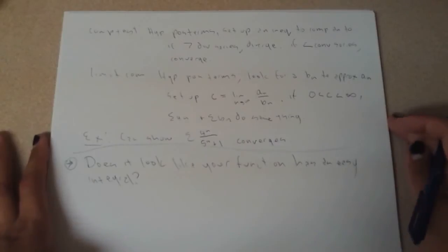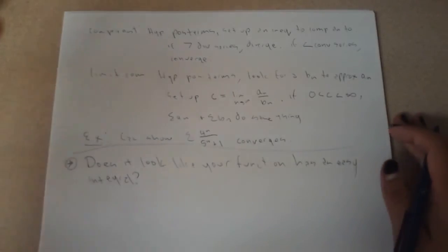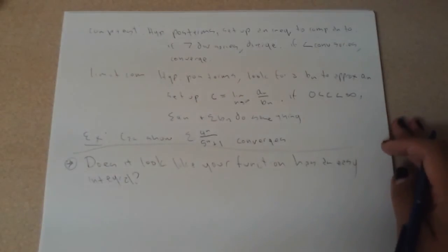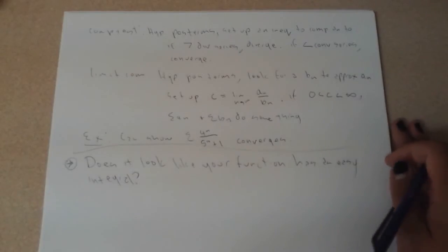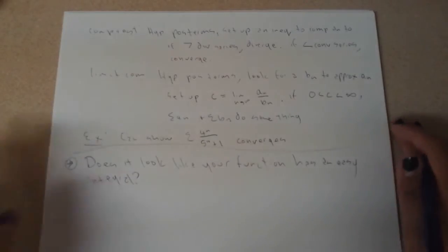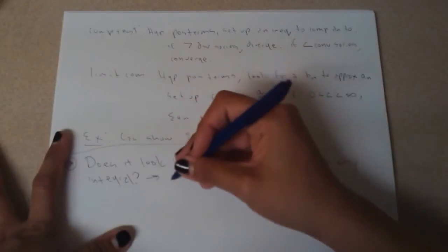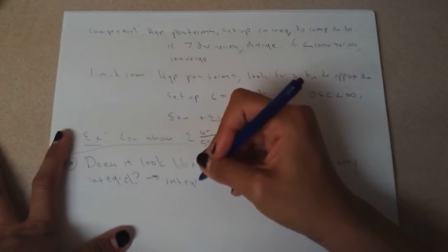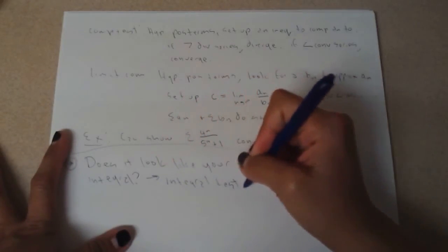Okay? If you're seeing things like natural log of n over n, where there's maybe a clear u substitution, or it just looks like it's something easy to integrate otherwise, well, easy integral probably means you can try integral test.